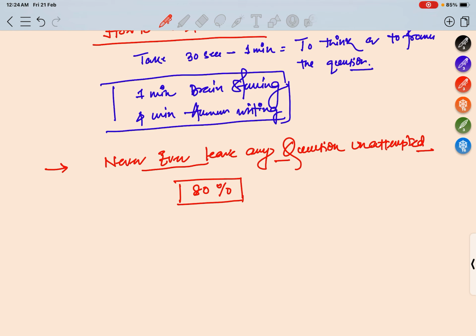If someone has attempted the question paper 100%, he will definitely be in the interview list. So never ever leave any single question unattempted. Whatever you know, manage. Okay, whatever you know, write anything, any data, any code, or whatever, but never leave any question unattempted. That's it. So this was everything about writing answers in the mains examination.